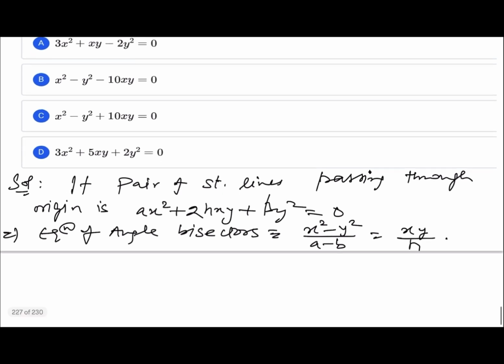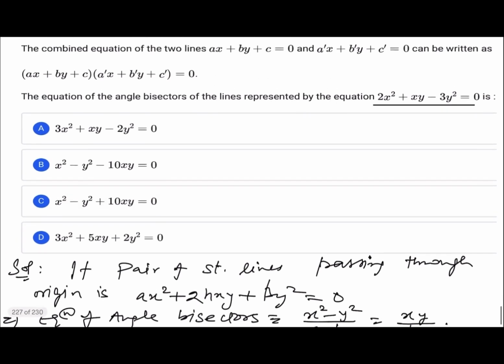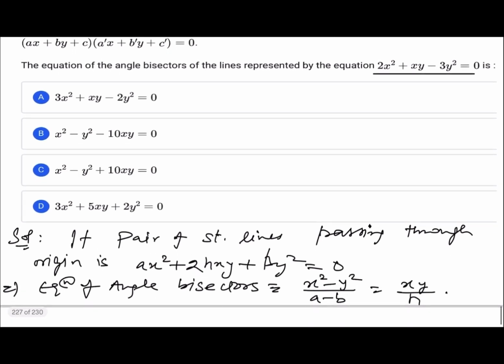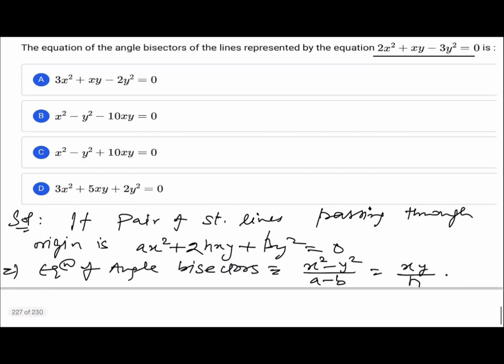So by comparing a, b and h, I can answer for this set of lines as well. So here a is equal to 2, b is equal to minus 3 and 2h is equal to 1. So h is equal to 1 by 2.